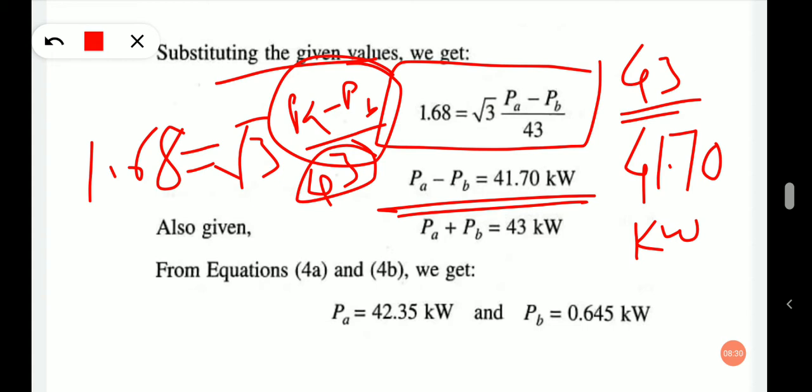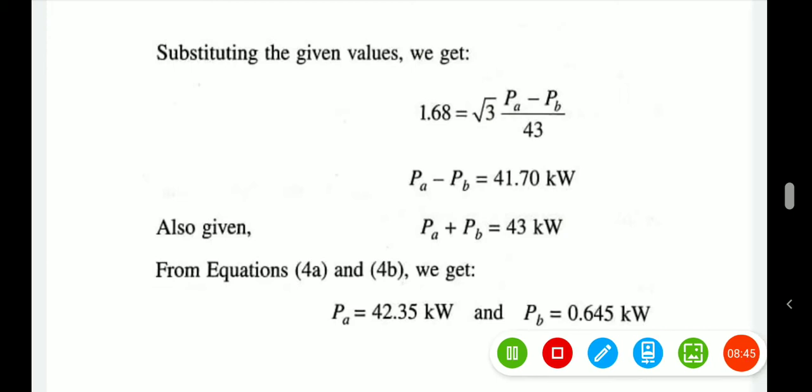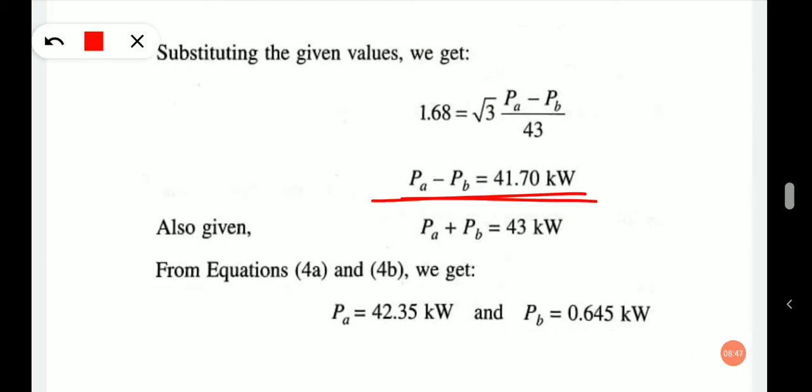So from these two values, we know PA minus PB is 41.70 kilowatt, and the other is PA plus PB, given as 43 kilowatt.